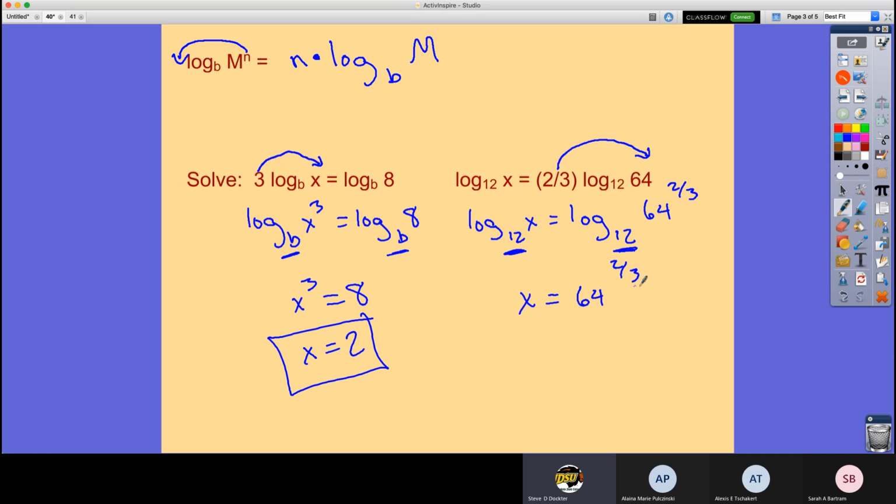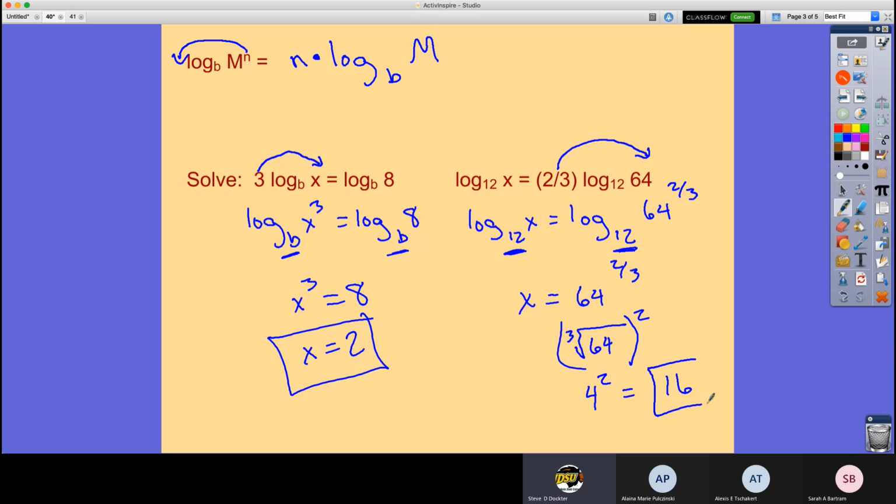What does this 3 mean, first of all? That is the same as the cubed root. And then the 2, we can either put the 2 here, which I have no clue what 64 squared is, so I'm not going to put it there, or you can put it on the outside. Cubed root of 64 is how much? 4. And then 4 squared is 16.